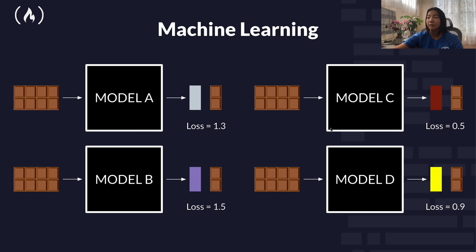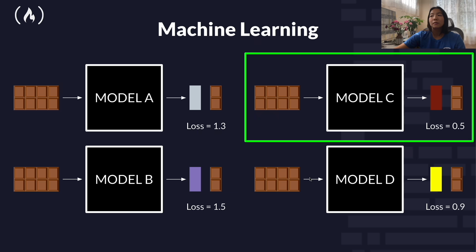Let's give it 1.5. Now this one here is pretty close, so that might have a loss of 0.5. And this one is maybe further than that, but still better than these two, so that loss might be 0.9. So which of these models performs the best? Model C has the smallest loss, so it's probably model C.